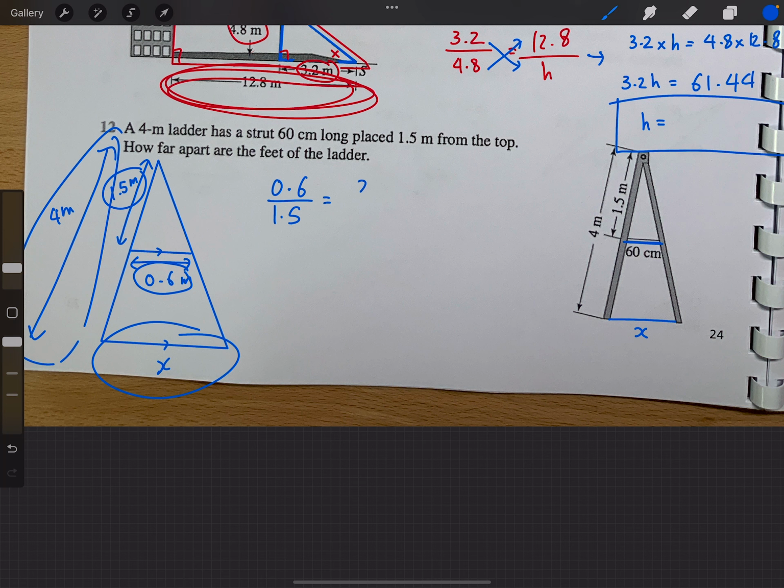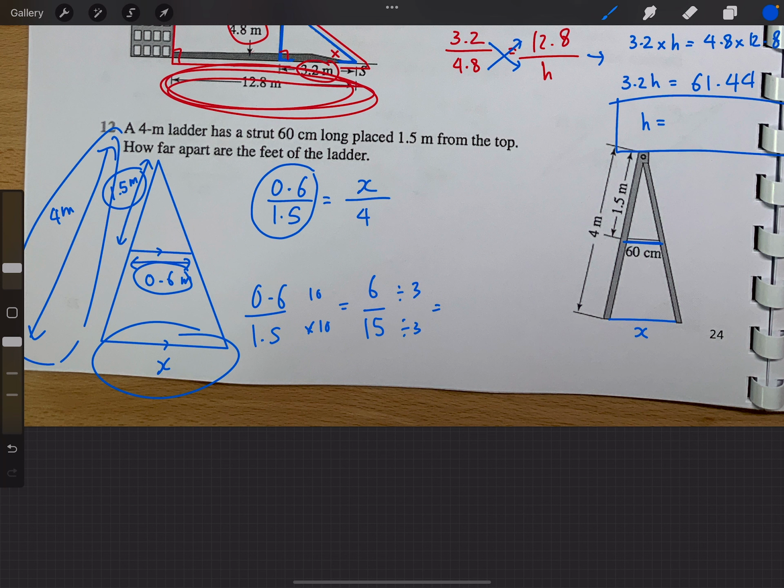So we can say X divided by 4. Now let's change this one into whole numbers. 0.6 over 1.5, let's times top and bottom by 10. That's going to give you 6 over 15. Now let's divide that by 3.